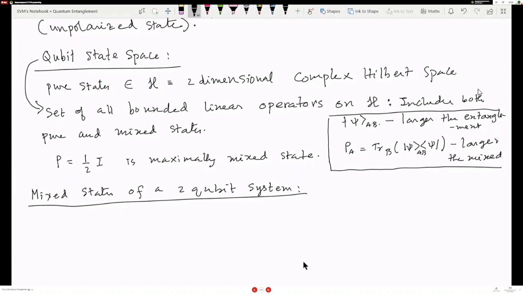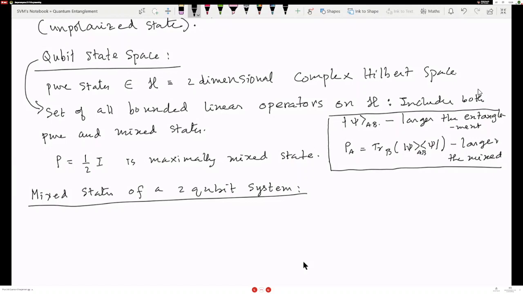But in the literature, we don't talk about that. We only talk about the Hilbert space and operators on the Hilbert space. So if somebody asks the state space dimension of a qubit, we should say it is two-dimensional, but that only refers to this Hilbert space.